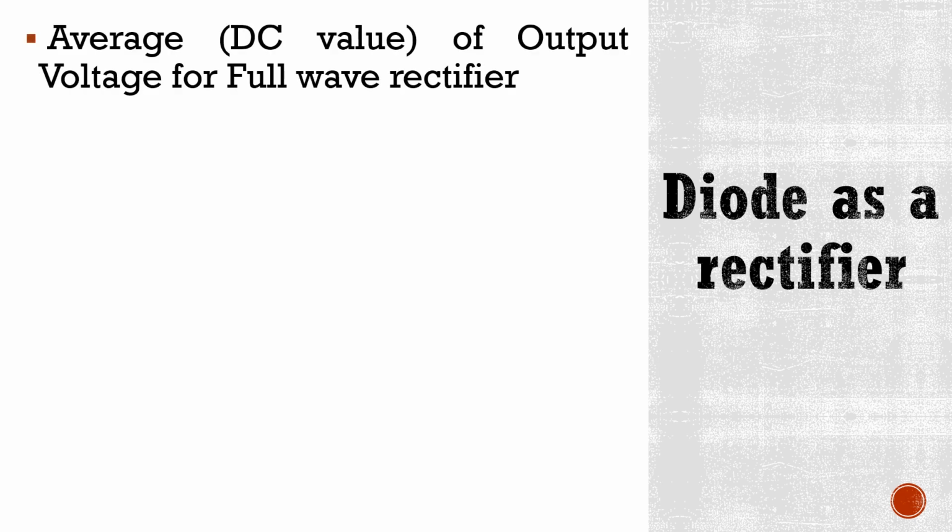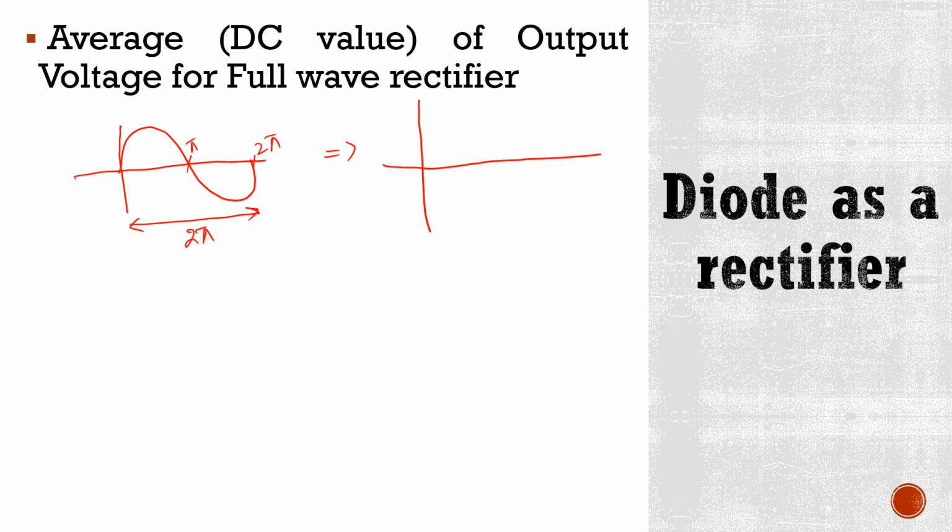Now we will understand the average or DC value of output voltage for a full wave rectifier. If this is our input signal, where this whole journey is of 2 pi, this is pi and this is 2 pi, then we know that the output waveform of a full wave rectifier is like this.